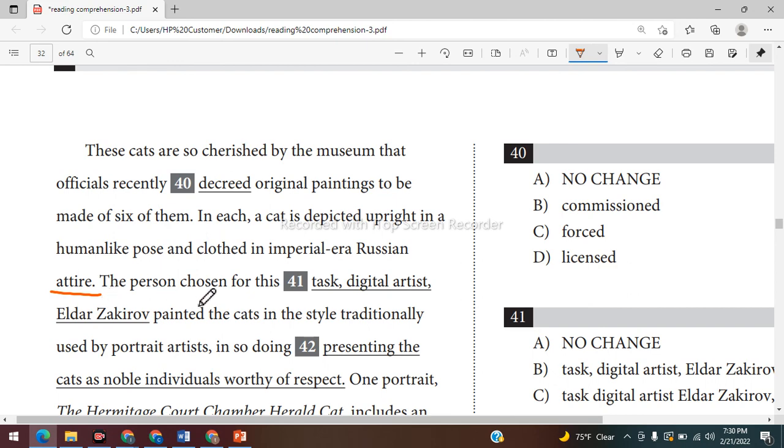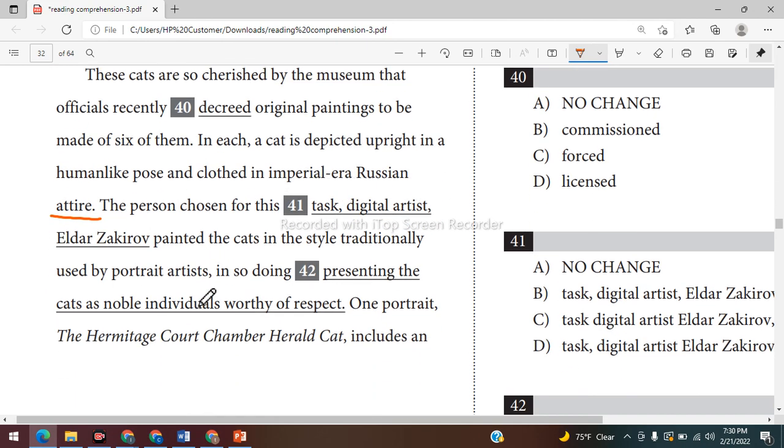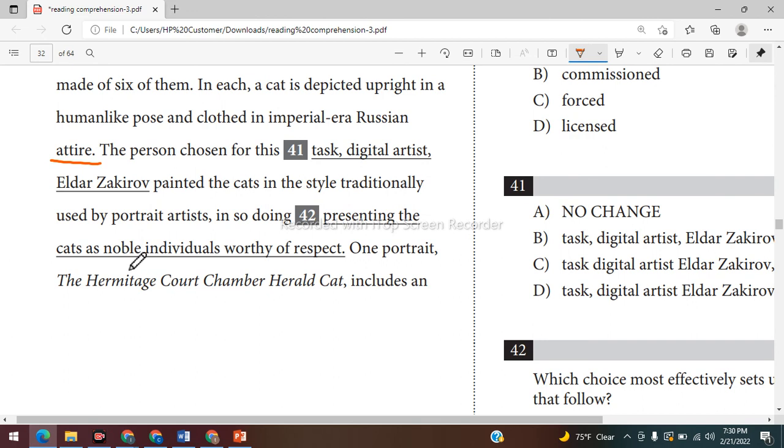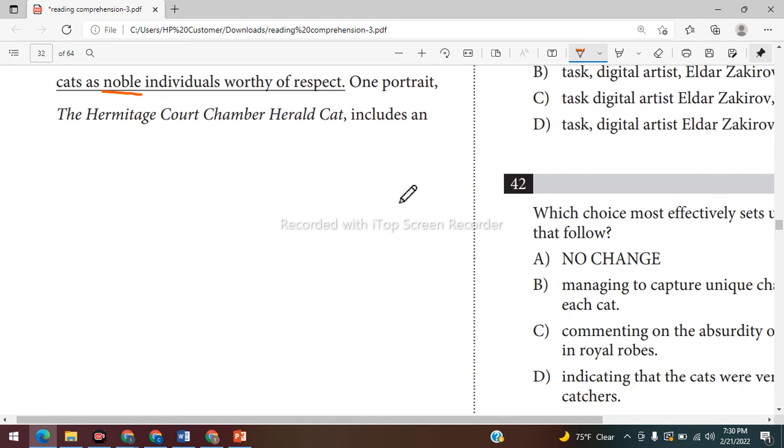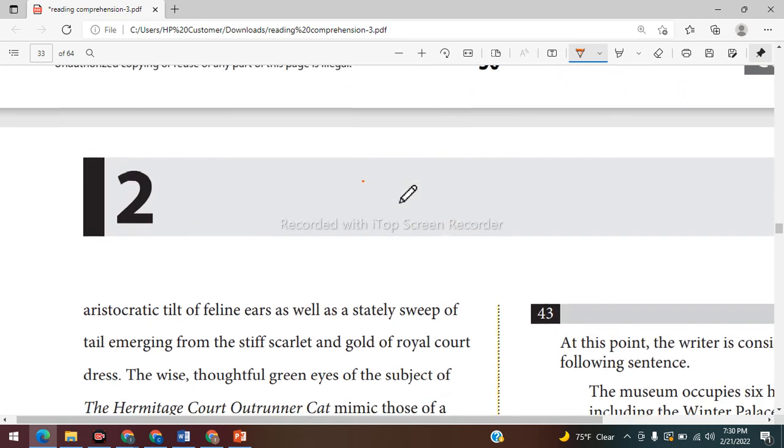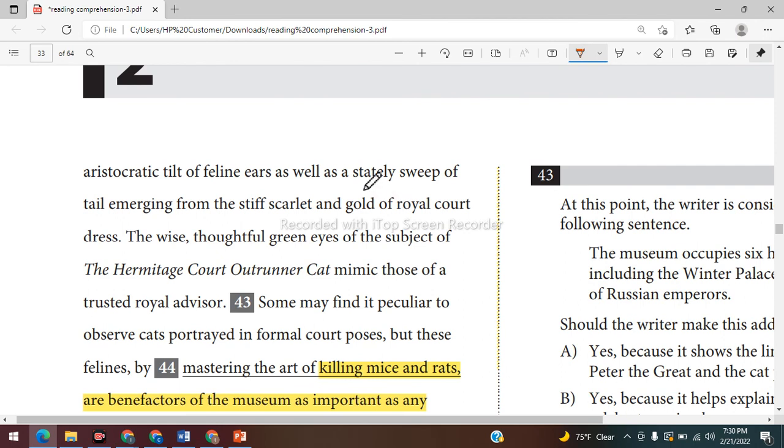I like that. Individual. What do you mean by noble? Traditionally, okay. Upright, very important. And then what do we mean by stately?